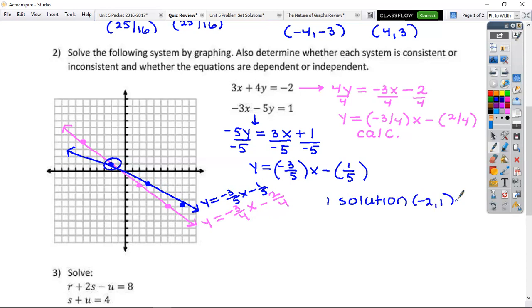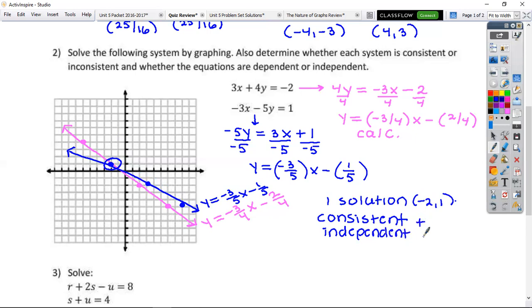Because this was a system that didn't have cross, we can classify it as consistent. And my lines are different from one another, so we say that these are independent of each other. So this system is consistent and independent.